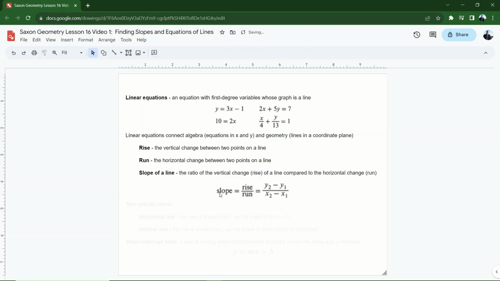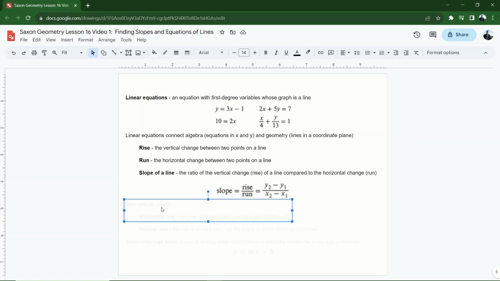We can calculate the slope by dividing rise by run, and there's a really simple formula to calculate the rise and the run. The rise, as I mentioned before, is just the change in the y coordinates, so y2 minus y1. The run is the change in the x coordinates. It's simply x2 minus x1. And if I divide those, y2 minus y1 over x2 minus x1, that gives me the slope of a line. So all I need to find the slope are 2 coordinates, 2 points that are on my line. And that will allow me to calculate the slope of my line.